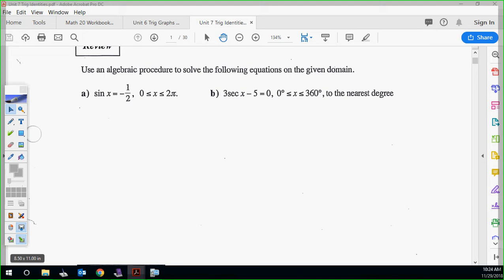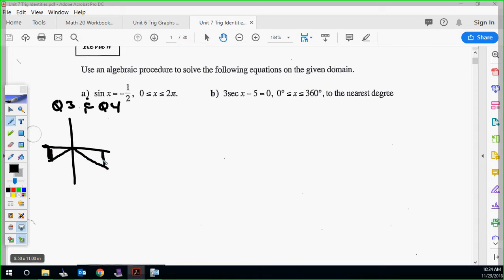You're going to say, okay, sine's negative where? Quadrants 3 and 4. So I know I'm down at the bottom because sine's y. Second thing to do is, what's the reference angle of when sine is 1/2? With sine being 1/2, that's the one closest to the x-axis, where the y is the shorter piece.